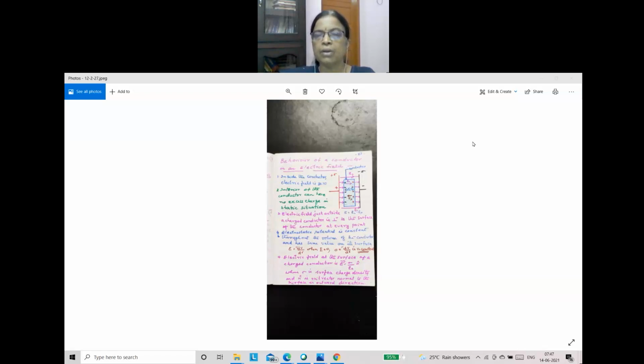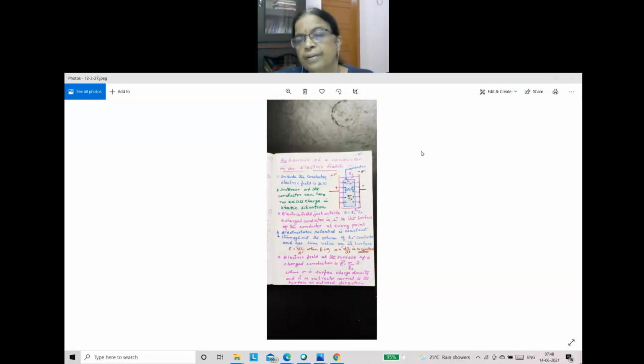It is better to sit inside a car or a bus at the time of lightning or thunderstorm, because lightning is an external electric field and we will be protected. We are sitting in the cavity of the bus, the cavity of the conductor. So, the external electric field will not affect us.